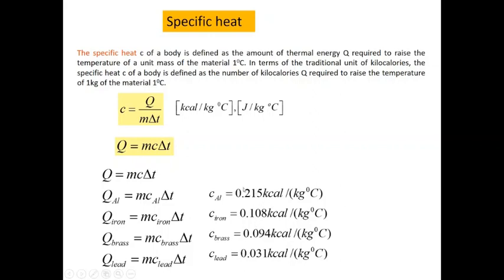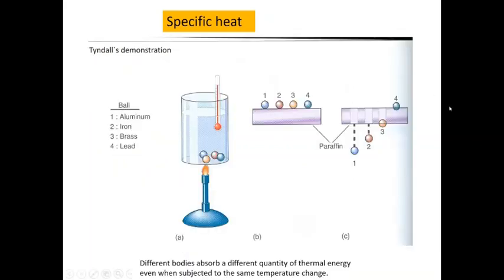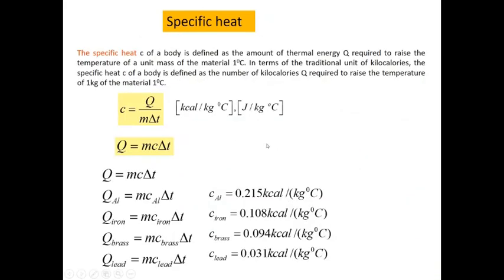You can compare. The aluminium has the highest specific heat. That's why it has the smallest thermal conductance. That's why it falls last. If you see, aluminium has more specific heat, then it has more thermal energy. That's why it falls first.